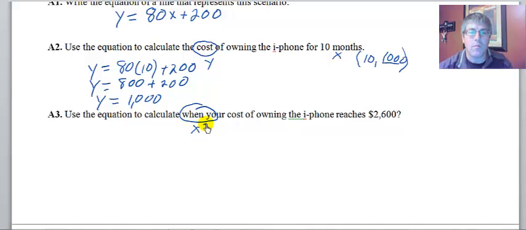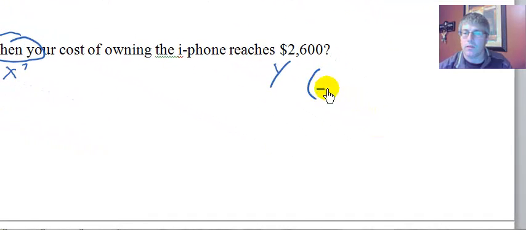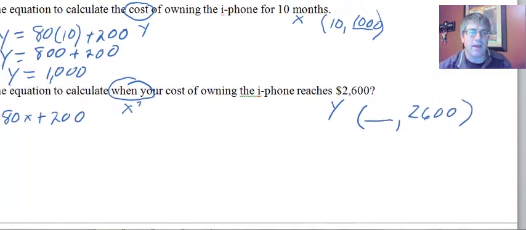So I don't know my X here, but I do know my Y. So in this situation, using our equation, 2,600 equals 80X plus 200. So I have my Y, so I'm working with the ordered pair something, 2,600, and I'm trying to find the X value.